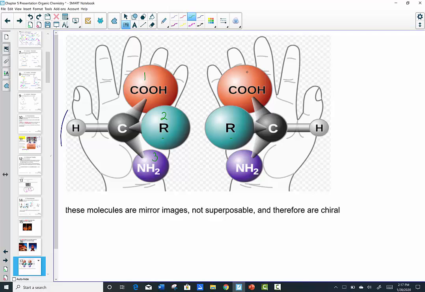All that matters is that you label them the same on both images. When I connect the numbers in this direction, I get a clockwise spin. When I connect the numbers in this direction, I get a counterclockwise spin. That helps us prove that that is a chiral carbon, non-superimposable mirror images. They are known as enantiomers.